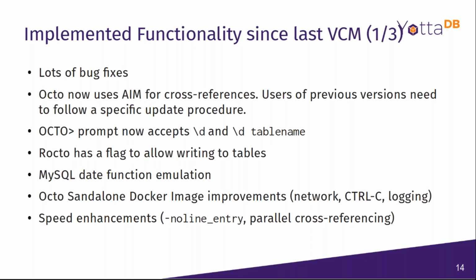Well, I mentioned at the beginning of this talk that we spend a lot of time on making sure that Octo complies with the SQL standards. And this actually turns out to be really difficult. So we spend a lot of time generating random queries and figuring out what breaks.